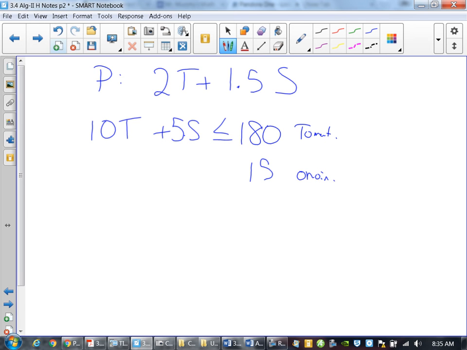That's your restriction on the number of tomatoes you can use. Then you do that again with the onions. You have 1 onion per tomato sauce plus a quarter onion per salsa, and you have up to 15 onions to use.